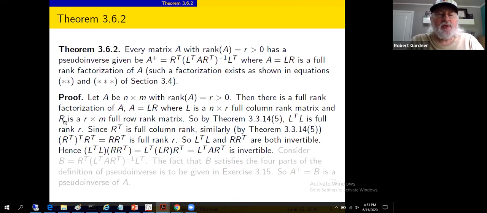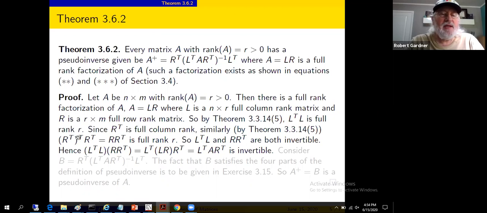What's up with matrix R? Matrix R is a full row rank. I need full column rank, so let's consider R transpose. If R is a full row rank, then R transpose is a full column rank because the columns of R transpose are the rows of R itself. So we can apply that same result to the R transpose matrix.